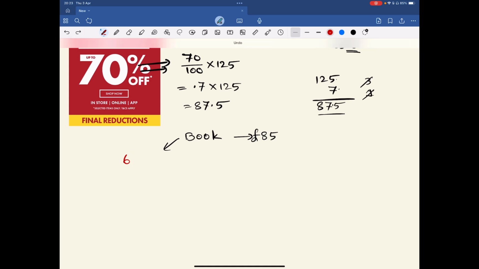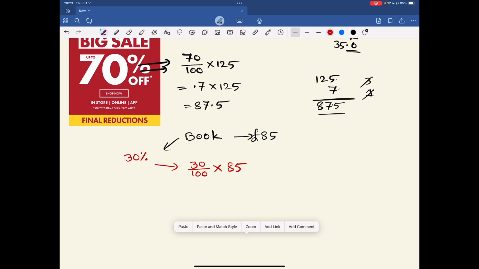Or let's say you will get 30% from that book. Now, you already know what 30% means. 30% means 30 out of 100. And you have to find 30% of that book price. The real price of that book is £85. So 30 out of 100 means 30%, and you have to find the 30% of 85.